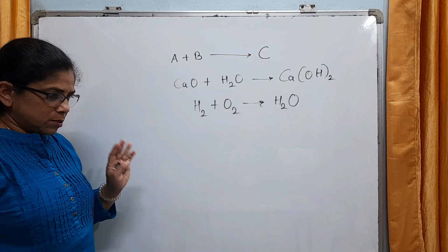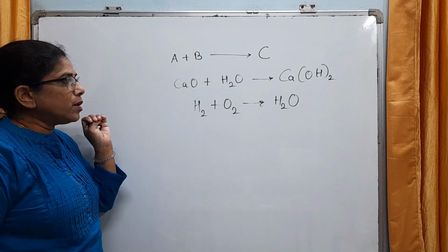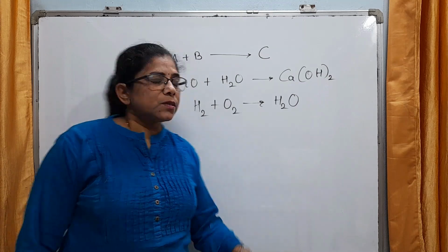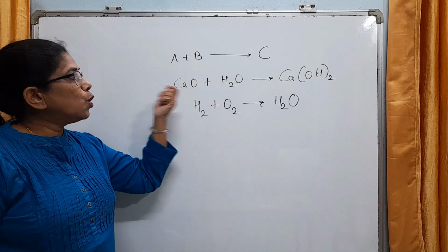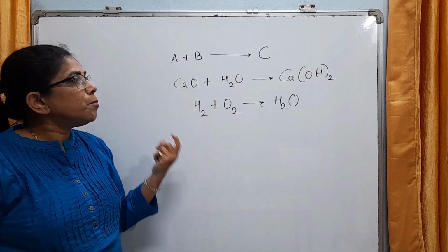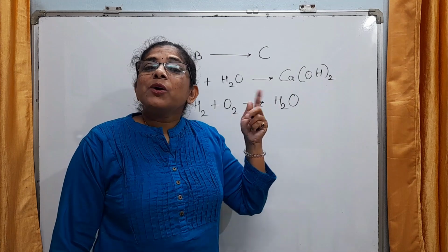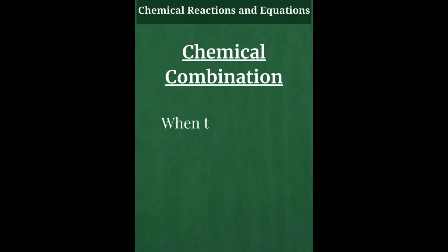Here I am not balancing the reactions, I am only writing the examples for chemical combination reactions. So the reactions in which two or more reactants combine to form one single product are chemical combination reactions.